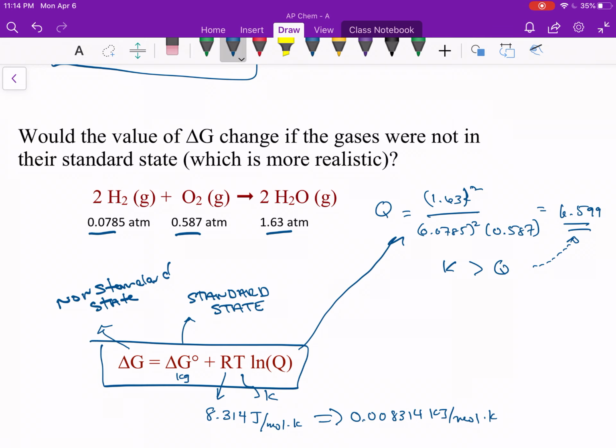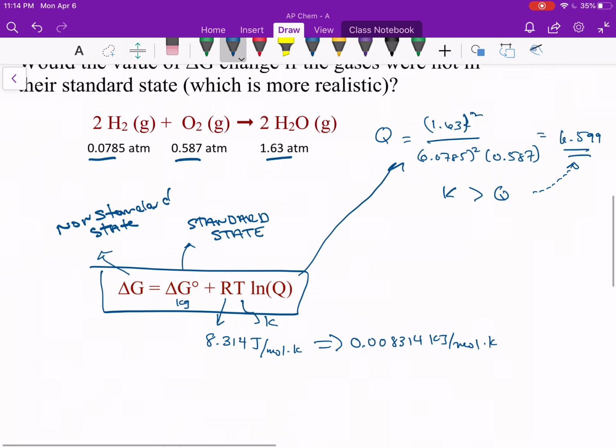So this would work like this: delta G is going to be equal to our delta G naught, which we know is negative 458, plus R, which is 0.008314, T is 298, and then the natural log of Q, which we just figured out up there.